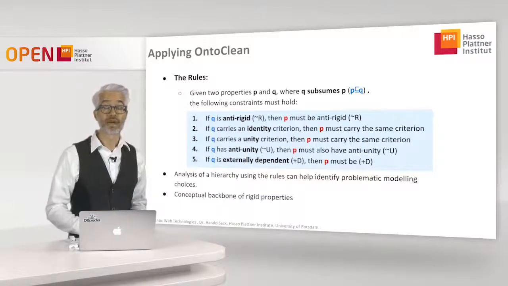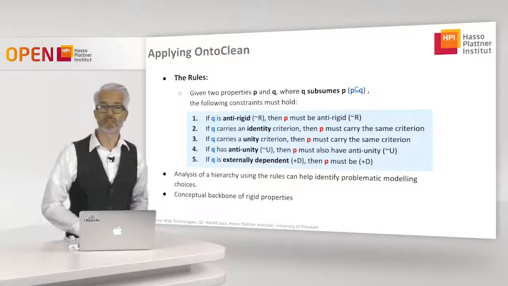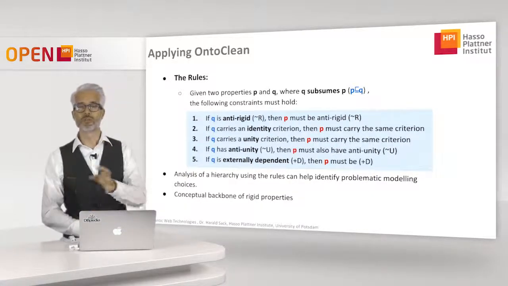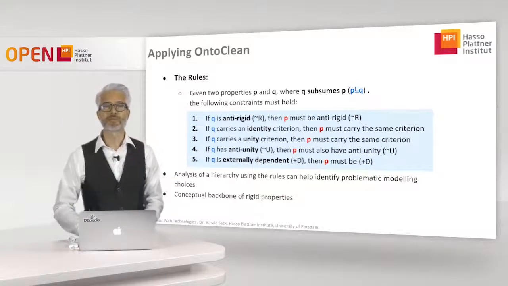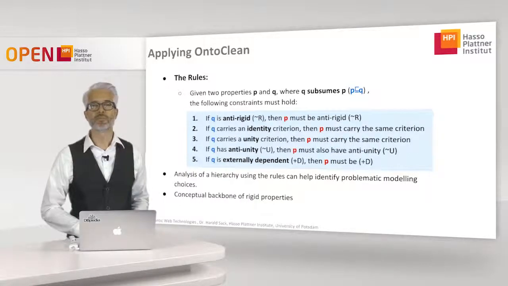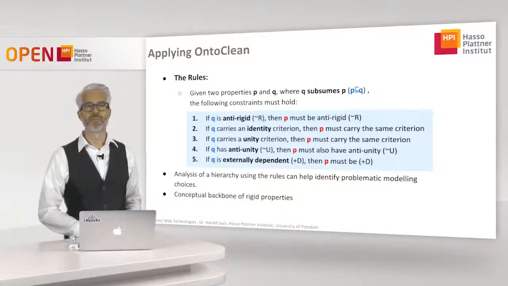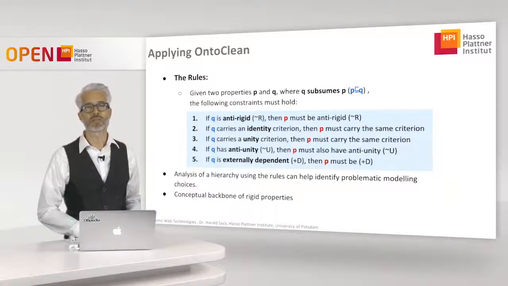And here are the five essential rules of OntoClean. Given two properties, P and Q, where Q subsumes P, which means P is a subclass of Q, the following constraints must hold. If the superclass Q is anti-rigid, then P must also be anti-rigid. If the superclass carries an identity criterion, then the subclass must carry the same criterion.